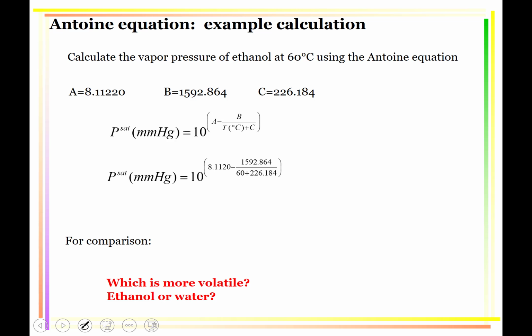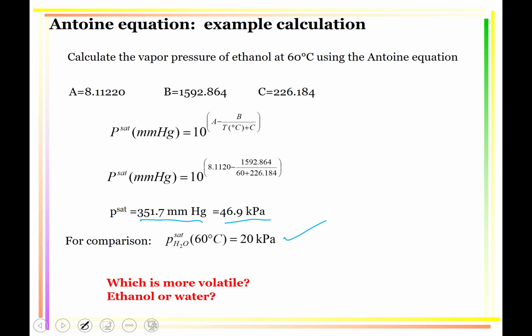Now if we plug in the A, B, and C, we get that PSAT is 351.7 millimeters of mercury, and we can also convert that to 46.9 kilopascals. So let's do a comparison. If we do the calculation for water, okay, I did the calculation when you weren't looking, and we find that PSAT of water at the same temperature is 20 kilopascals.